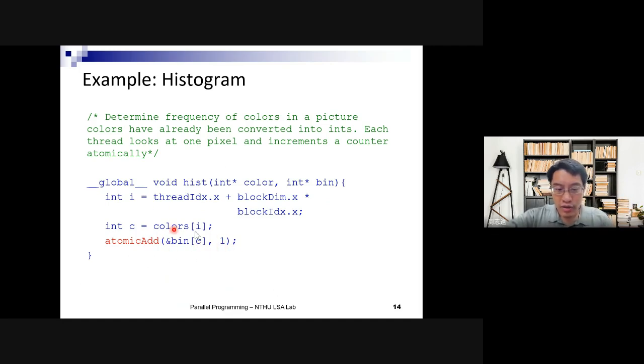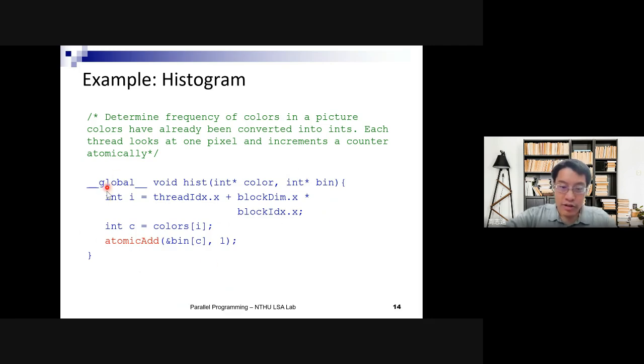At the end, the bins will give the histogram of the data values. Because any bin could be accessed by multiple threads at the same time, to avoid a race condition we can apply the atomic add.